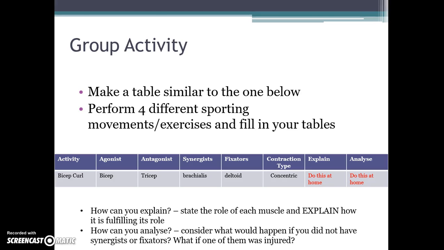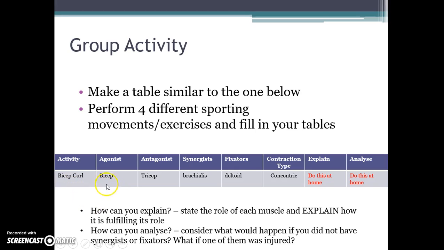What's really important for your assignment is you need to be able to demonstrate that you know, for specific movements, what the different muscles are and the contraction type. So I'm going to look at the bicep curl again, because it is a really good example. What I should have said is this is on the upward stage.